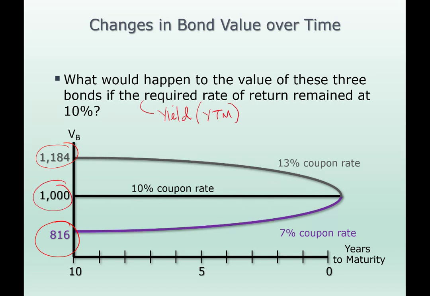So over the 10-year life, the premium bond will change over time, the discount bond will change over time, and as years to maturity approach, the bond will go back to the par value. And that's the demonstration that we are getting from this particular point.